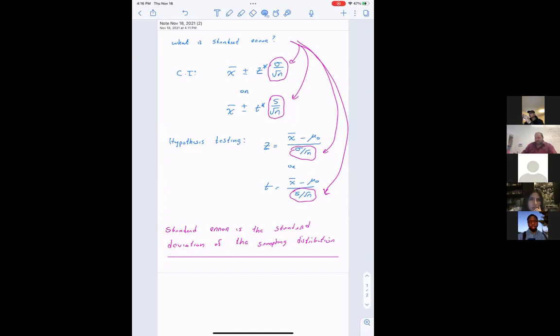Was it a confidence interval? I don't know what the question was. Let me look for it. Was it the mini quiz or one of the practice quizzes? It was the mini quiz that we recently took.